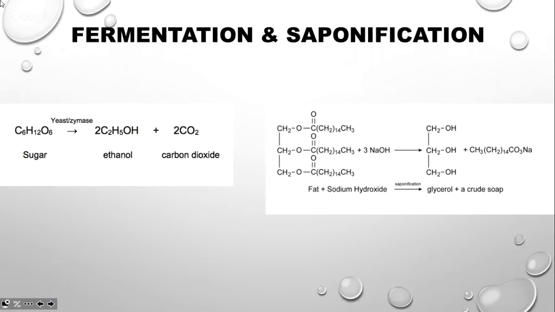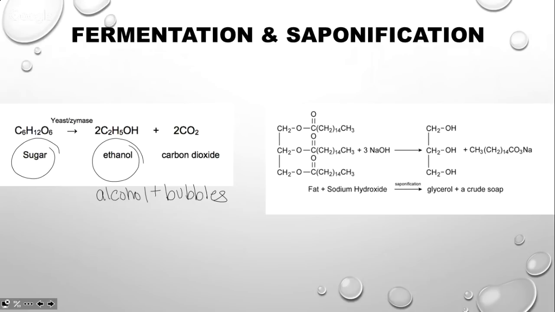For fermentation and saponification, the basic thing to remember is that for fermentation, we are making alcohol and bubbles. It is the sugar that is the food or the metabolic requirement for yeast, and the yeast uses the sugar in its own life processes in order to get its energy.